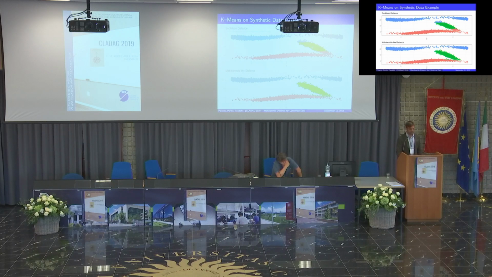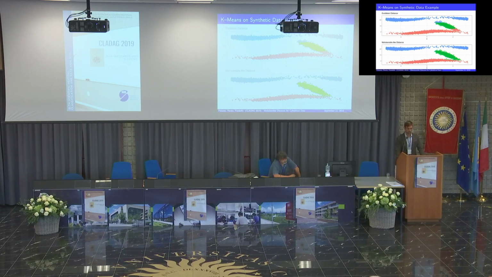The main problem is in the clusters in between. On the contrary, if we compare the results by using k-means with the Mahalanobis-like distance, this effect is almost completely removed, and we can see that we still have some misclassification here.